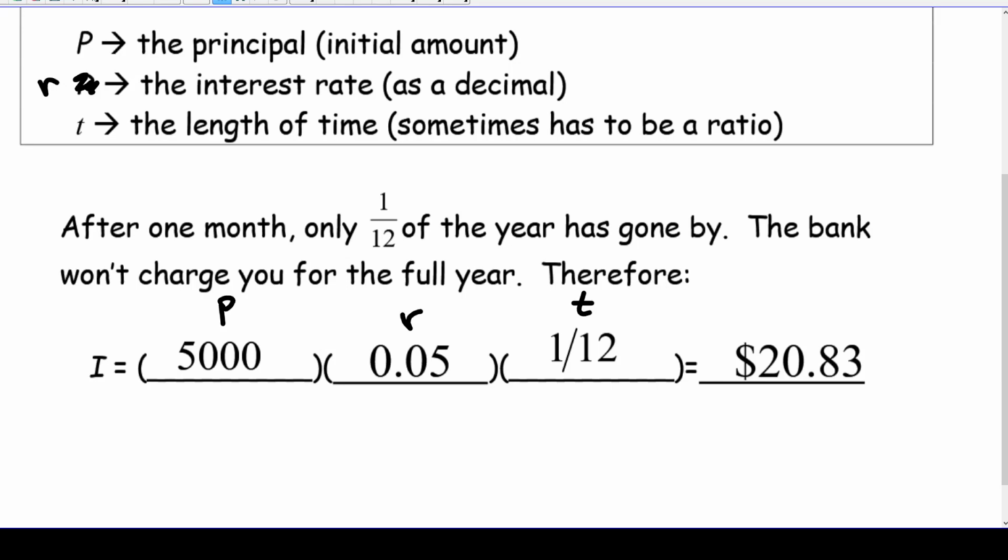So if you multiply those three things, now, just to be clear, 0.05 is a percentage of the amount invested. So anytime you're multiplying two numbers together, one of them being a percentage, you're finding a percentage of that particular value, right? So taxes, for instance, is 13% of the total value. So this is just a regular calculation of percentage times a total, and you're multiplying that by 1/12 for the time value. And we get $20.83.